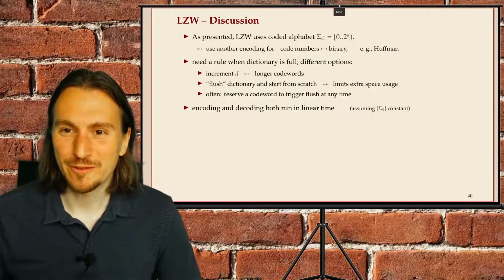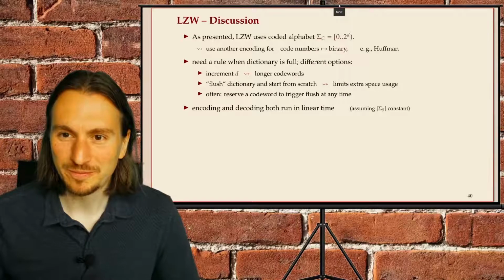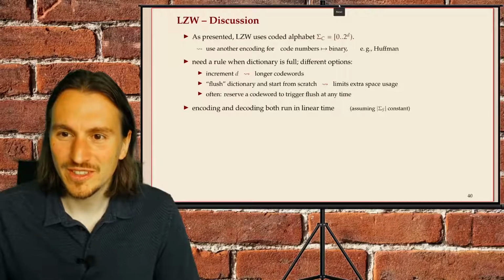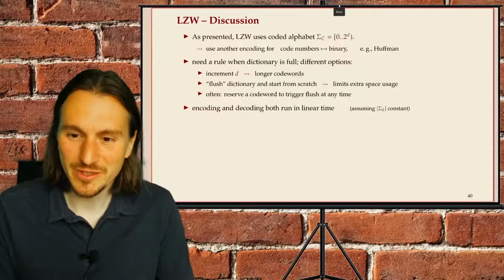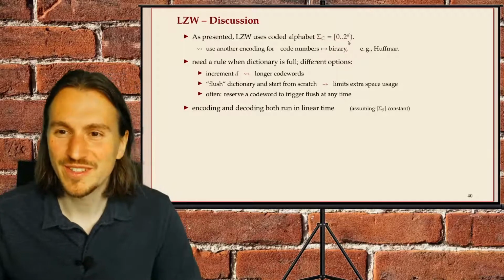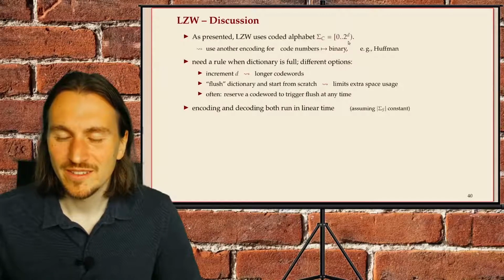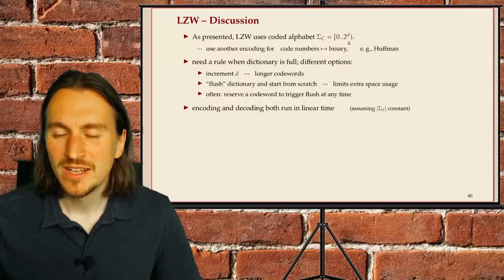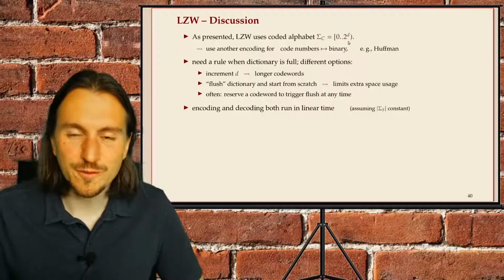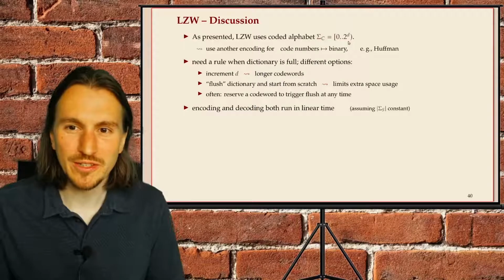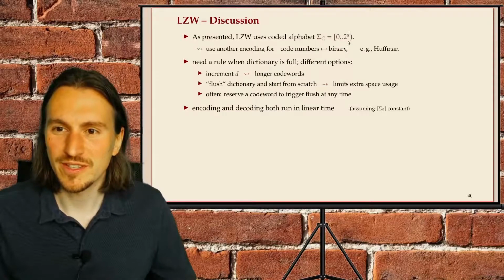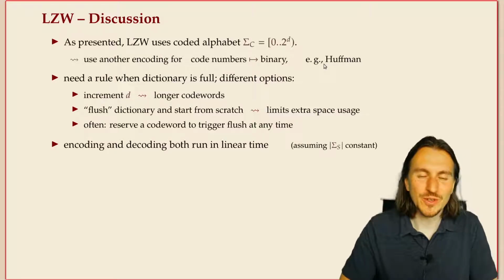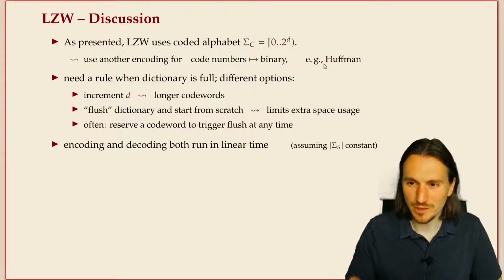What is Lempel-Ziv-Welch good for? We've seen that we use as coded alphabet this range 0 up to 2 to the d. That is binary, so you can use it as I presented it. But often you will not use all of the code words with equal frequency.